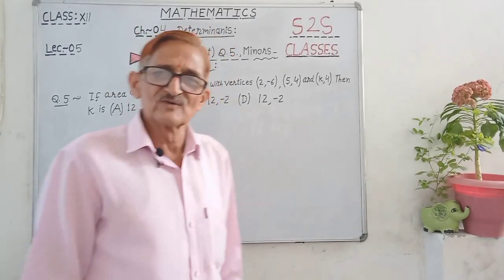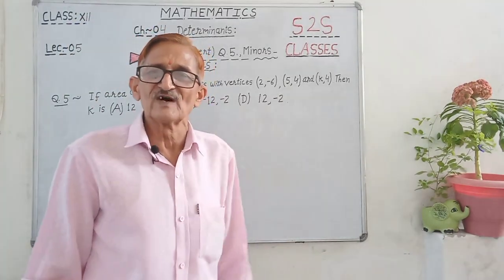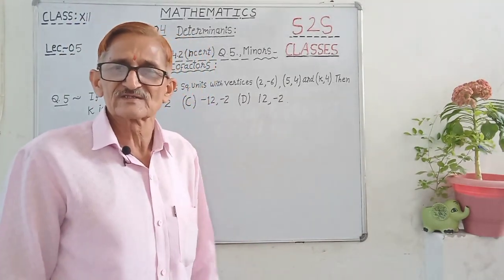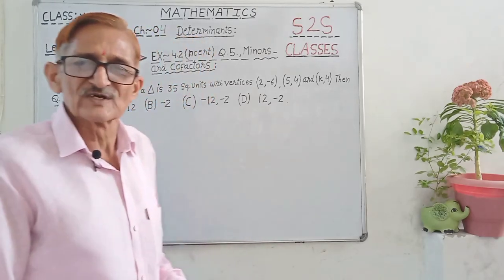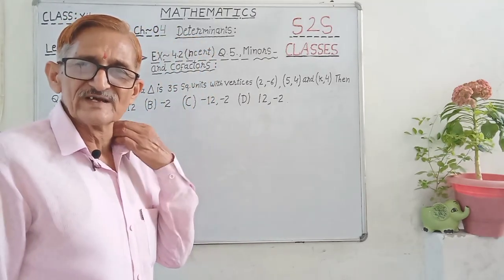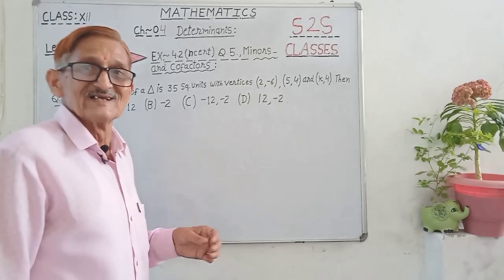Exercise 4.1 is done. Now today, exercise 4.2, the last question, the 5th question, was left in the last lecture. So today this is the last question, question number 5 in exercise 4.2, NCERT book.